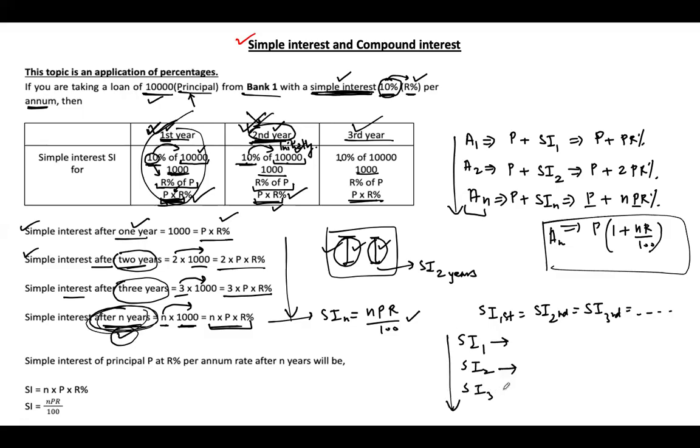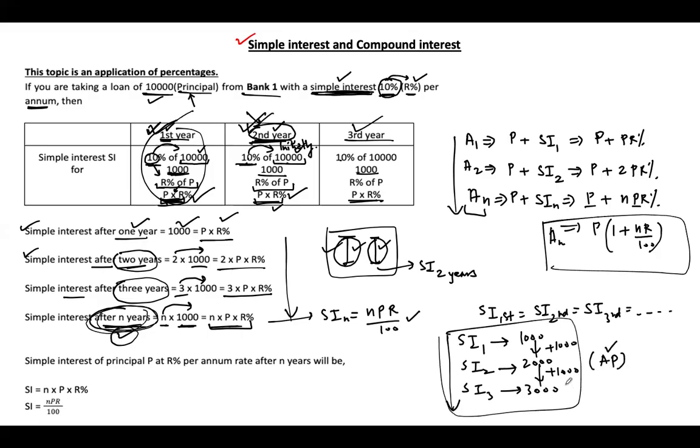Is there a logic, or is there a pattern? For example, it was 1,000 for 1 year, 2,000 for two. This is an arithmetic progression. It is increasing by 1,000, right? So this is an AP.